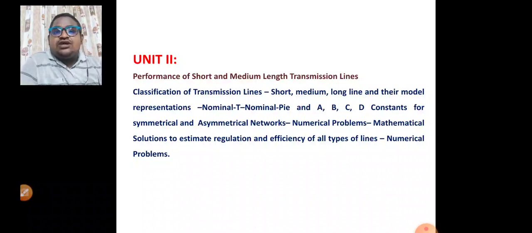Those are short transmission lines, medium transmission lines, and long transmission lines. So in the second unit, we see the performance of the short and medium transmission systems. Performance in the sense I already told you, we need to find out the efficiency and regulation of these lines. Okay, so we'll see in detail later.